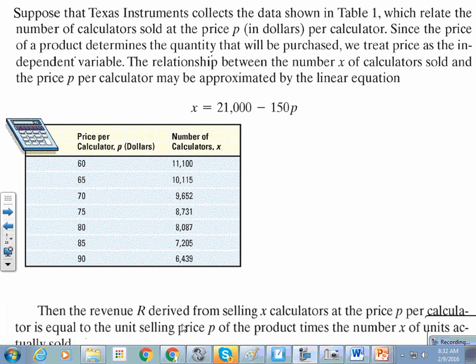So revenue is price per calculator P times x, which is the number of calculators sold. So we're going to calculate revenue. Revenue is x times P.